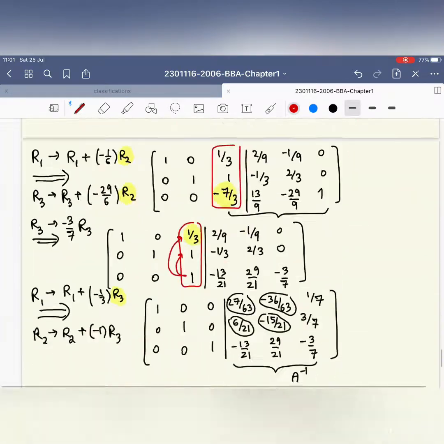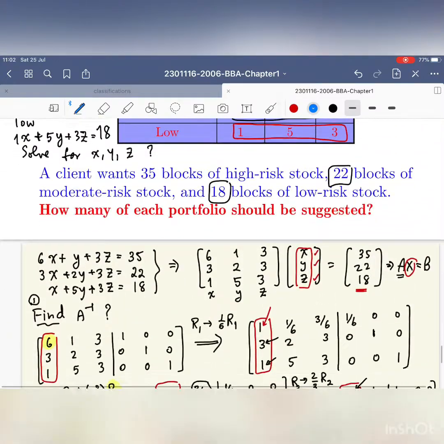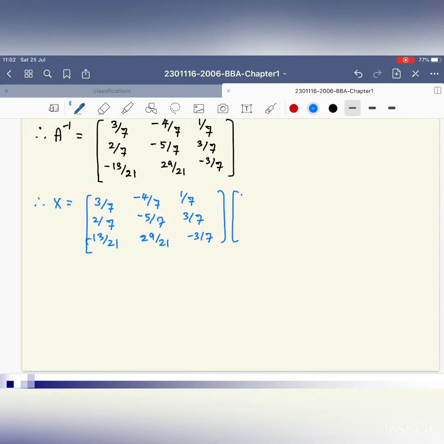So it means that your x is simply your A inverse, this one, negative 5 over 7, 3 over 7, 13 over 21, 29 over 21, and negative 3 over 7 here, multiplied with 35, 22, 18.